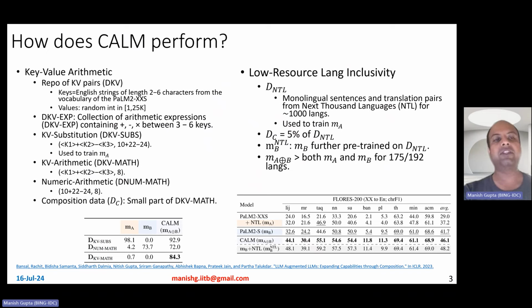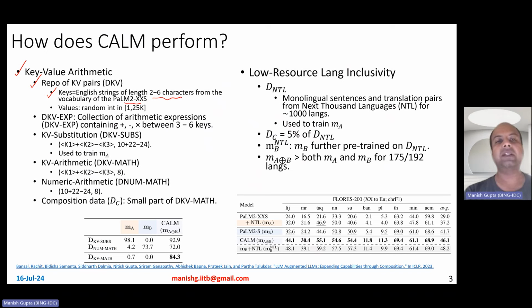For the key value arithmetic, let's see how they designed the experiment nicely. The first step is to build the key value pairs that you could use to train the MA model. They took English strings of length 2 to 6 characters from the vocabulary of PaLM 2 XXS as keys.